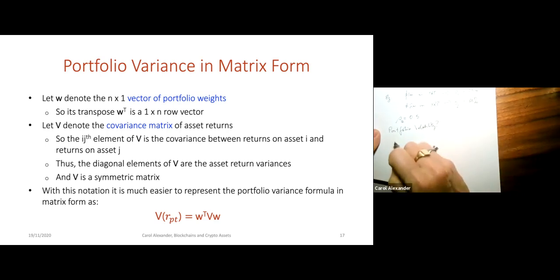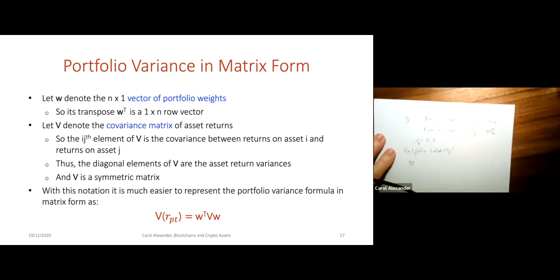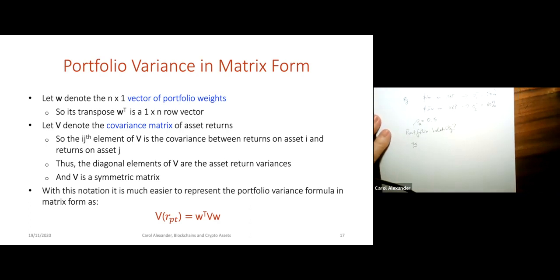Well, first of all, my weights vector, the little thing underneath this W, is the vector of weights, which is 1/3, 2/3, because you've got 1 million and 2 million invested, a total of 3 million. My variance matrix, the elements of this are the variances along the diagonal.